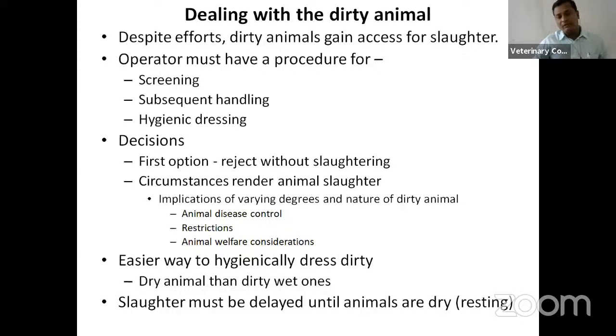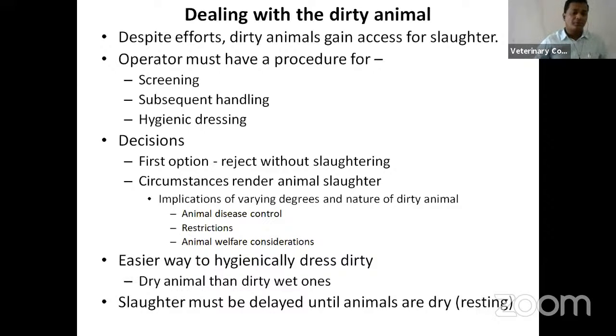Slaughter and use the animal, or slaughter and dispose of the animal. That is the only way. If such an animal is a dirty animal, then probably the decision becomes somewhat more complicated. There are certain restrictions at some places, as we discussed in the previous class.